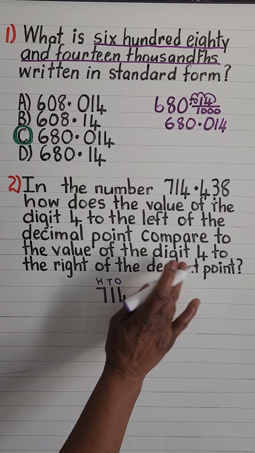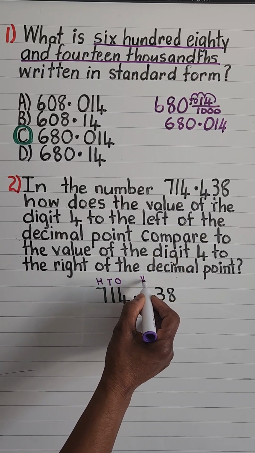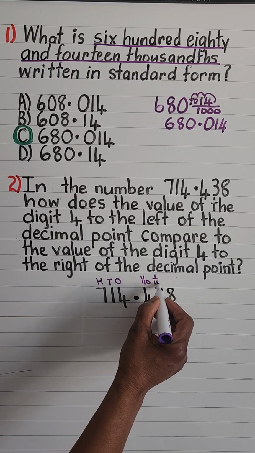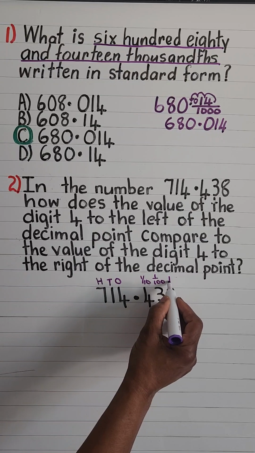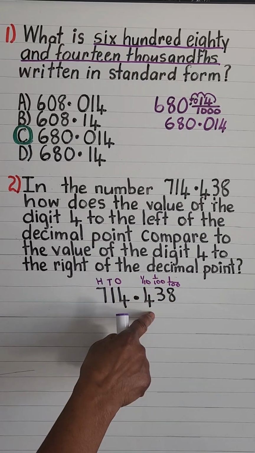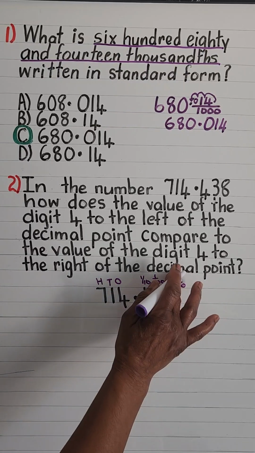Okay, so let's put them as decimal. So this is 1 over 10, this is 1 over 100, and this is 1 over 1,000. Tenth, hundredth, thousandth.